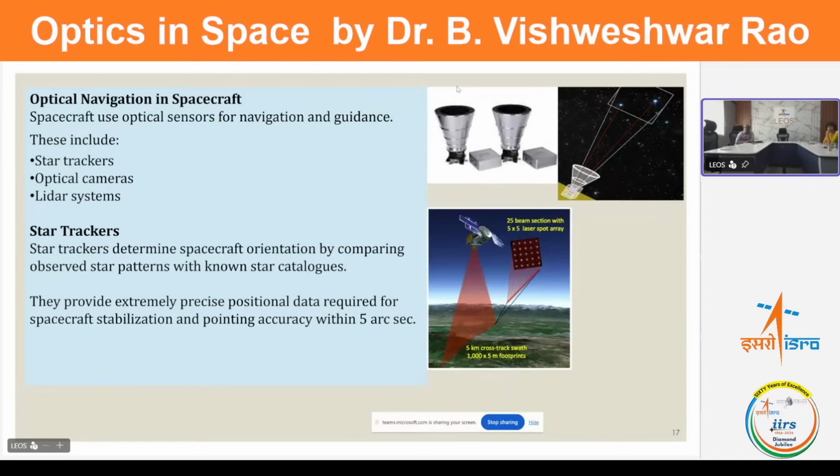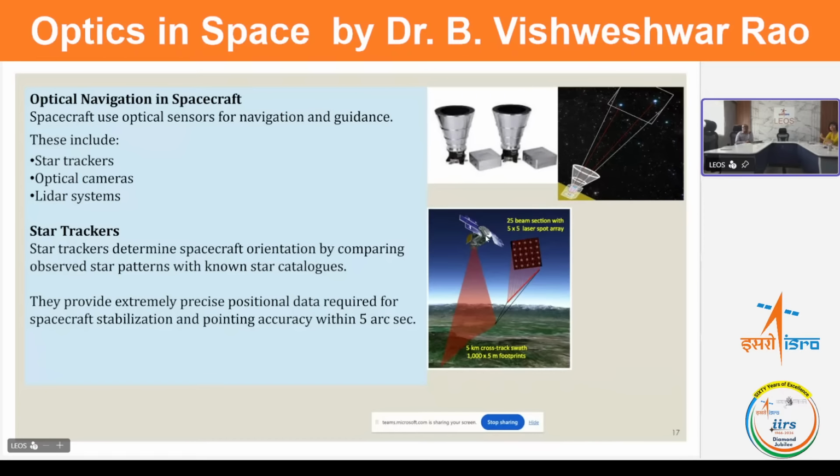It collects very faint starlight and registers it against a catalog. Stars of different magnitudes are available, and they have been catalogued over a period of 40, 50 years. So we know the orientation and position of the spacecraft with respect to different stars in space, and with that we can know the attitude of the spacecraft.